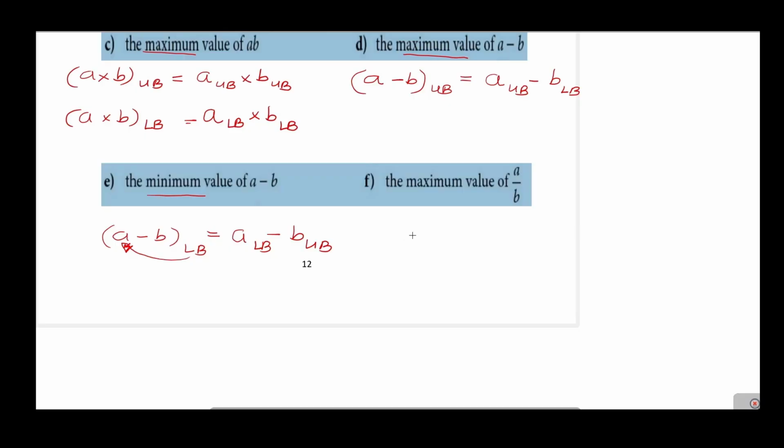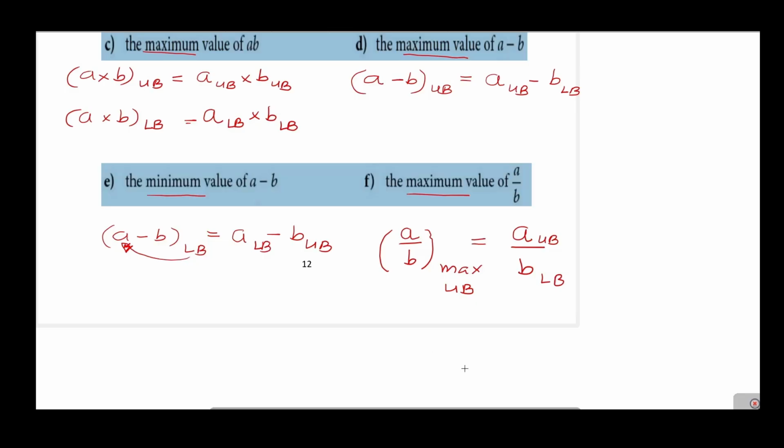When it comes to division, it is maximum again. Then A over B, we know that we have to get maximum. Maximum means upper bound. Then we have to get upper bound of A, lower bound of B. For division and subtraction, always we apply the different accuracy measurements.